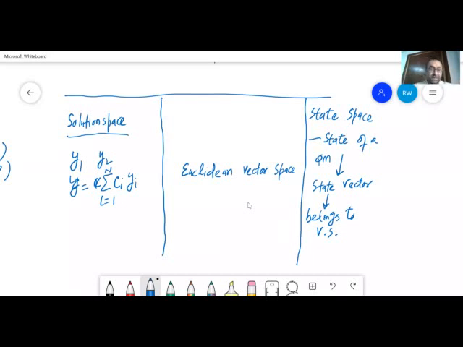So what is the difference? In a simple harmonic oscillator also, the solutions of a harmonic oscillator are state vectors. We call them states of the system. They are state vectors, and they also belong to a vector space.